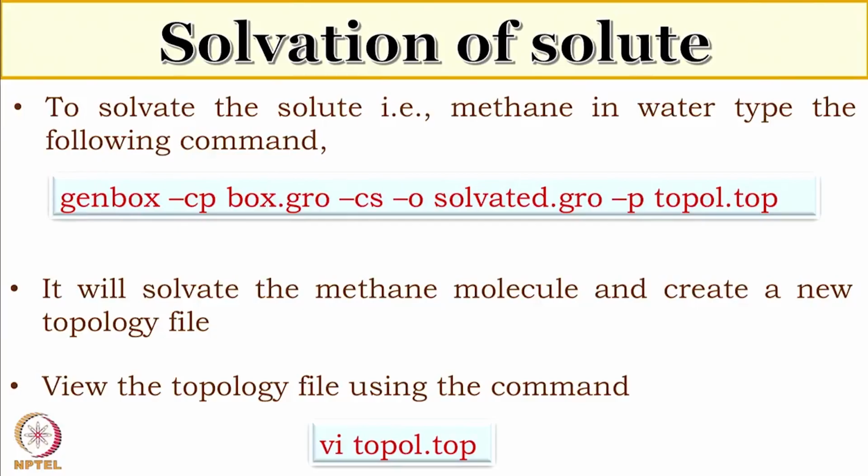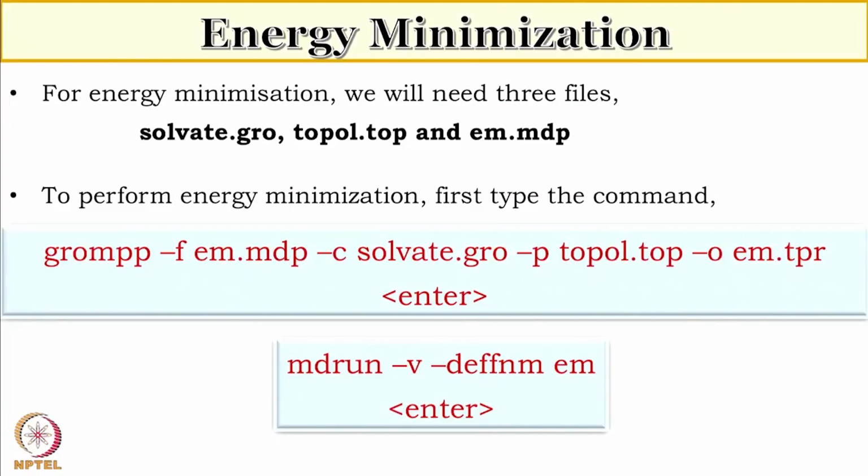We can view the topology file by using the command vi topol.top, and now we will perform energy minimization. What we have is solvated.gro, which is methane solvated by water, then we have topol.top, and we have em.mdp. em.mdp is my energy minimization molecular dynamics parameter file.